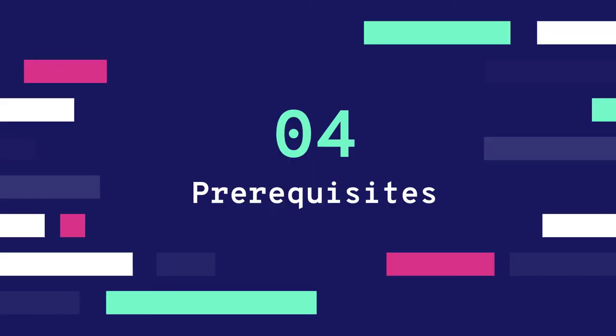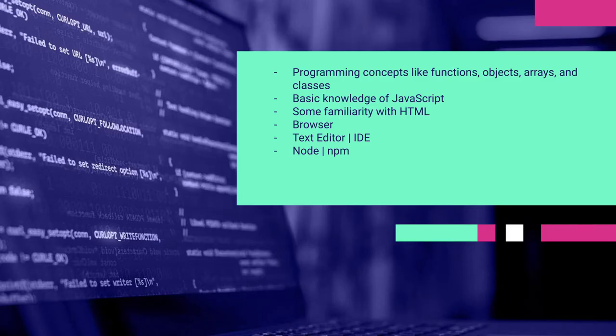Cool. So if you want to get started with creating your first React application, let's see what the prerequisites are. Actually nothing, but you should know some fundamental programming concepts like what is a function, object, array and class. So basically I'm talking about basic knowledge of JavaScript.